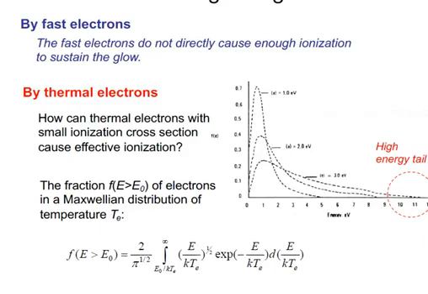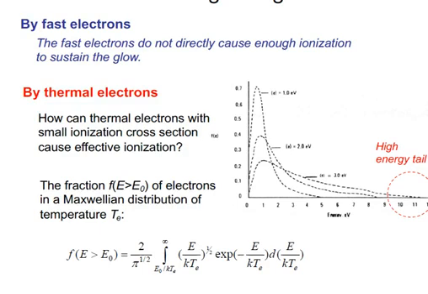Even though the average energy of the thermalized electron is only 2 or 3 electron volts, there are some electrons with energy higher than 10 electron volts or even higher than 15 electron volts. So those electrons can ionize gas atoms and generate more and more electron and ion pairs.